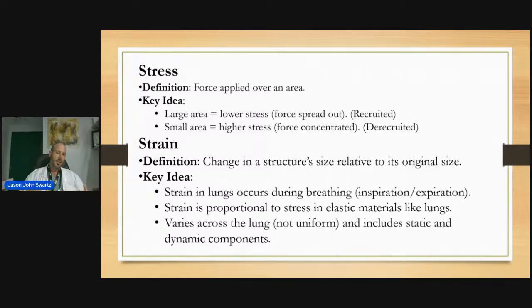And when we look at the strain, this is the change in the shape of the structure, the distension. A change in a structure's size will be relative to its original size. So just understand that the strain in the lung occurs during the breathing cycle. And when we're looking at elastic materials such as the lung, more strain equals more stress.